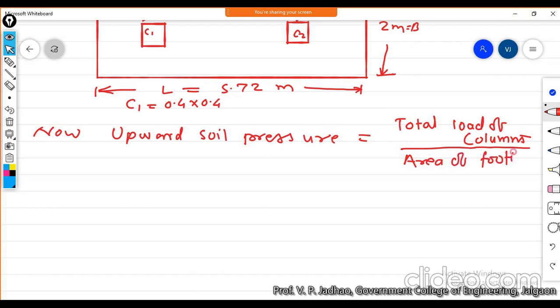The total load is 500 plus 800 kilonewton; 500 is on C1 and 800 is on C2. The area of our footing is width multiplied by length, that is 2 times 5.72 meter.